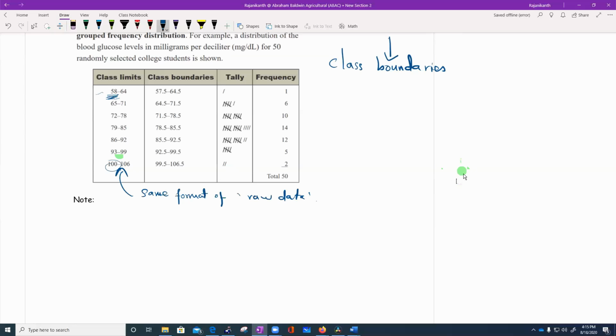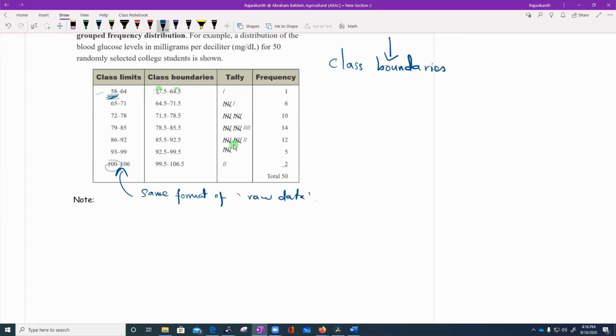If you see your raw data with one decimal place, then your class limits also should have one decimal place, the same format as your raw data, okay? But for the class boundary, you always have to take one more decimal place than the class limit values. In this particular example, look here, the class limits are all integers, full numbers. Therefore, your class boundary should have one decimal place. Always you have to end up with 5. Since this is a whole number, you start with 5 and finish with 5.